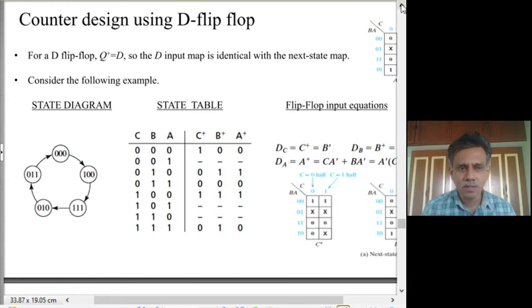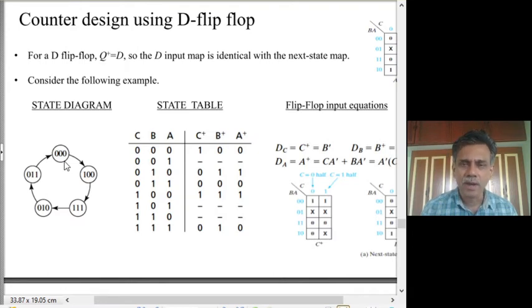But now this is also in a sense a state graph of an FSM, finite state machine. There is no explicit input, there is no explicit output, and the states are given. There are 5 states in this state graph. So 3 bits are required to differentiate these states.